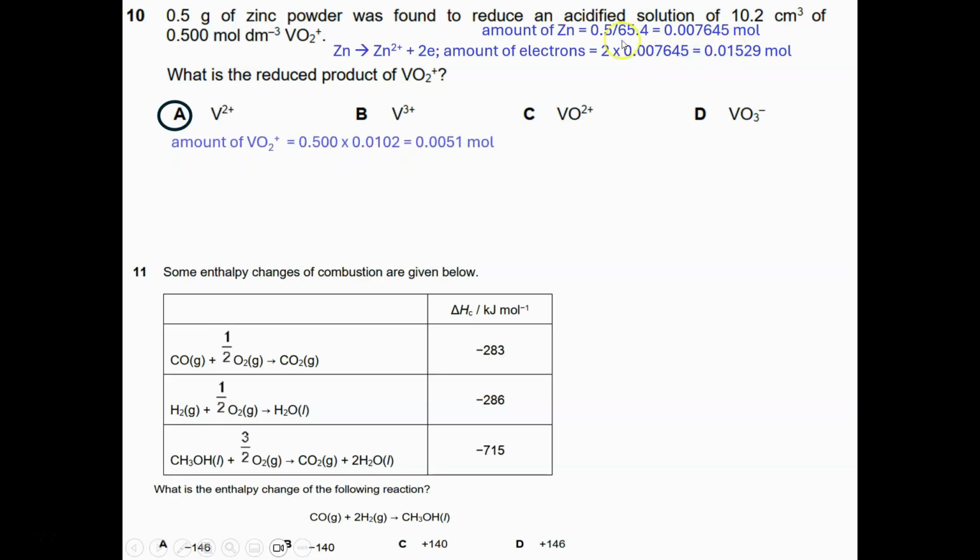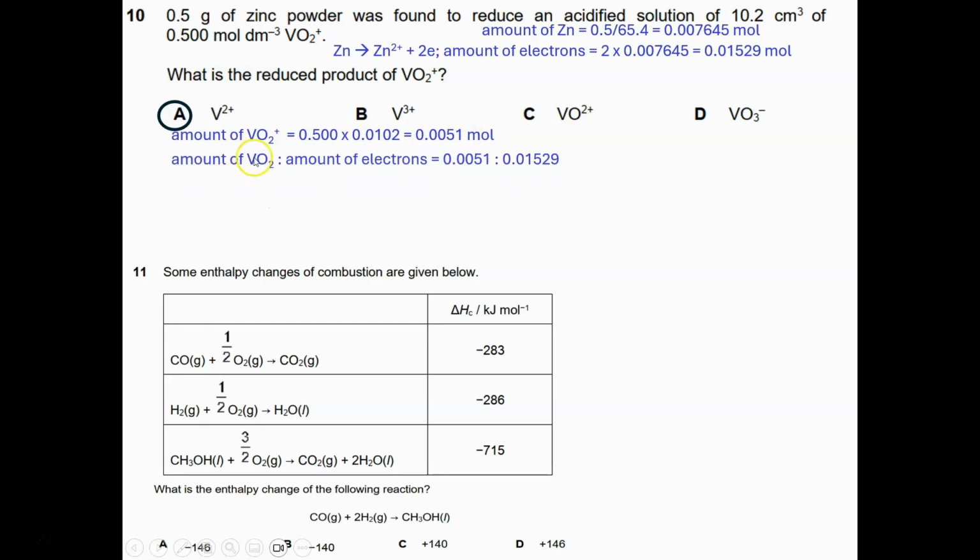Okay? Next, we look at VO2+. The amount of VO2+ is concentration times volume, which is this amount. So the ratio of the amount of VO2+ to the amount of electrons is this to this. If you simplify, it becomes 1:3. So each vanadium atom in this species will gain 3 electrons.